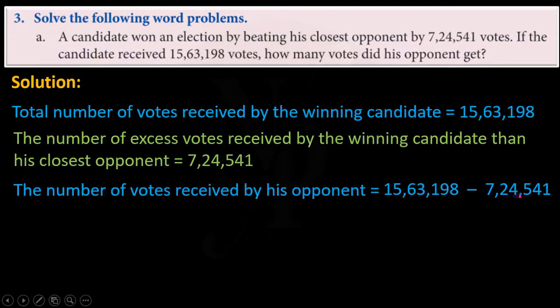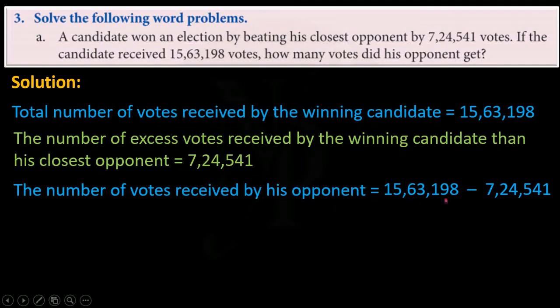So on subtracting the excess votes received by the winning candidate than his closest opponent from the total number of votes obtained by the winning candidate, we can find the total number of votes received by the closest opponent of the winning candidate.